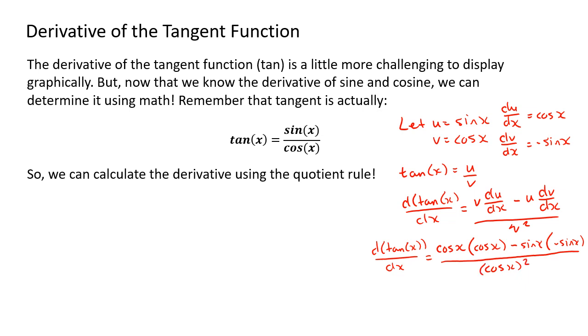So what we're left with here is the derivative of tan x with respect to x is equal to cosine squared of x plus sine squared of x divided by cosine squared of x.